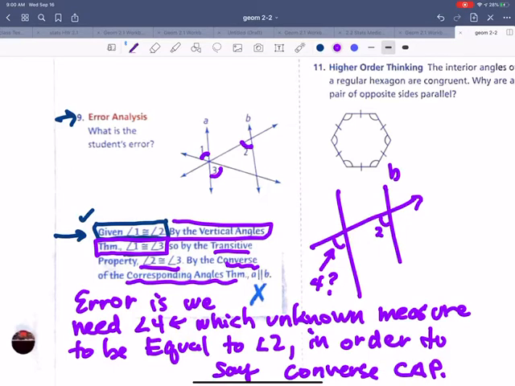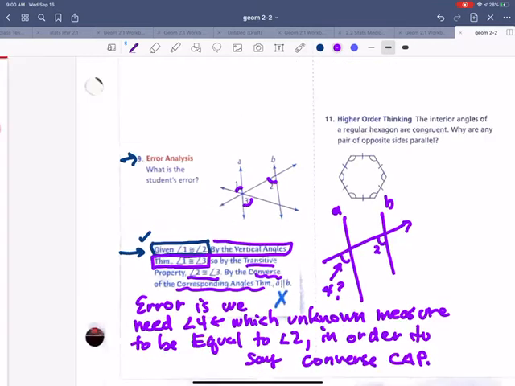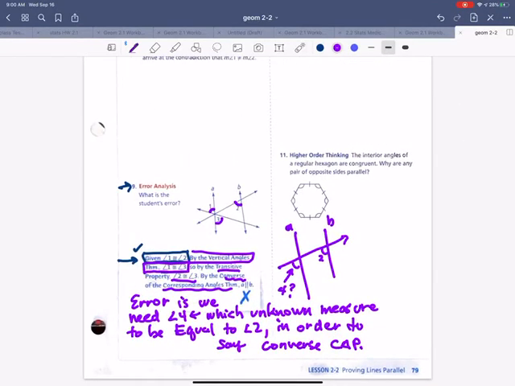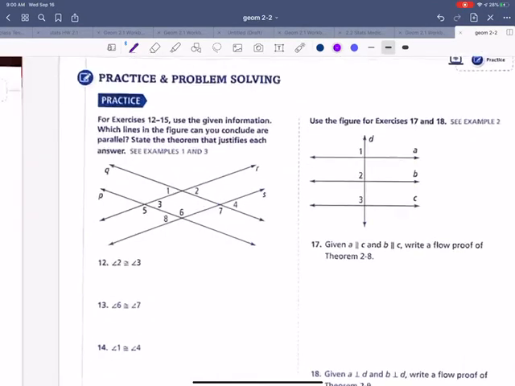Okay? If angle 4 and angle 2 were in fact equal, then it would lock these into place and we could make the conclusion that those are parallel. But that's not what we have going on in the picture. Okay. Next question, number 12.